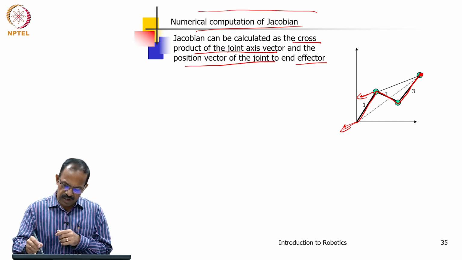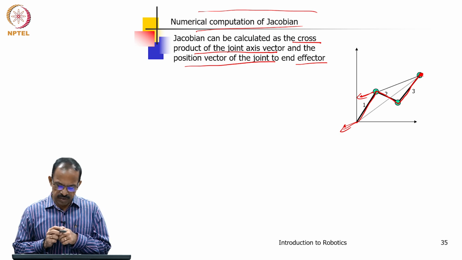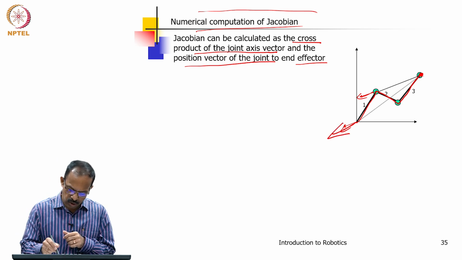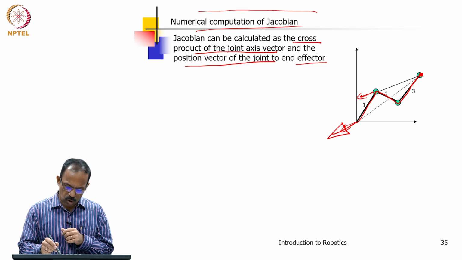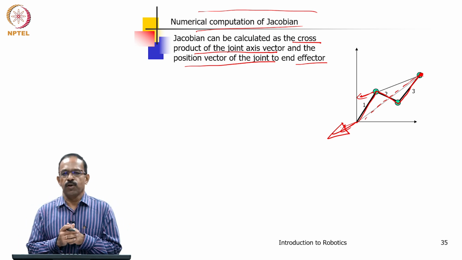If I want to find the velocity at these points, I can take the joint axis vector here, and the cross product of this vector with this position vector will give me the velocity relationship.